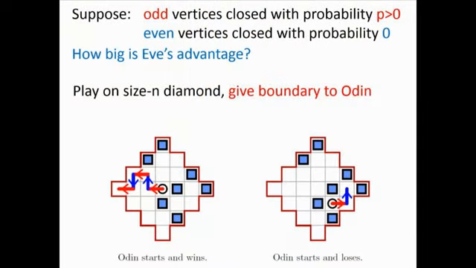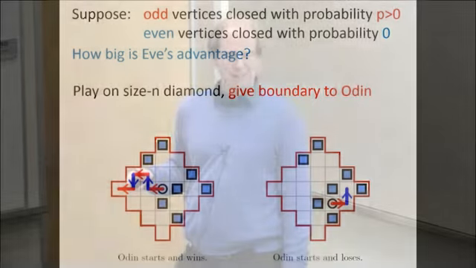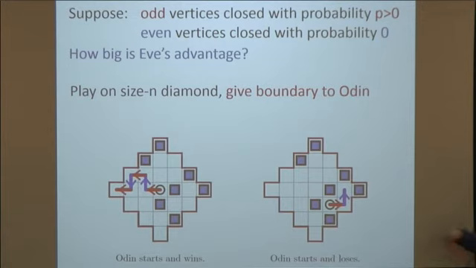So okay, let's try to make it a bit more interesting again. This made it too easy for Eve. Let's give Odin some advantage back again. So let's play it on a finite board. Let's play it on a finite square, and we will choose the parity of the square itself so that we give the boundary to Odin.